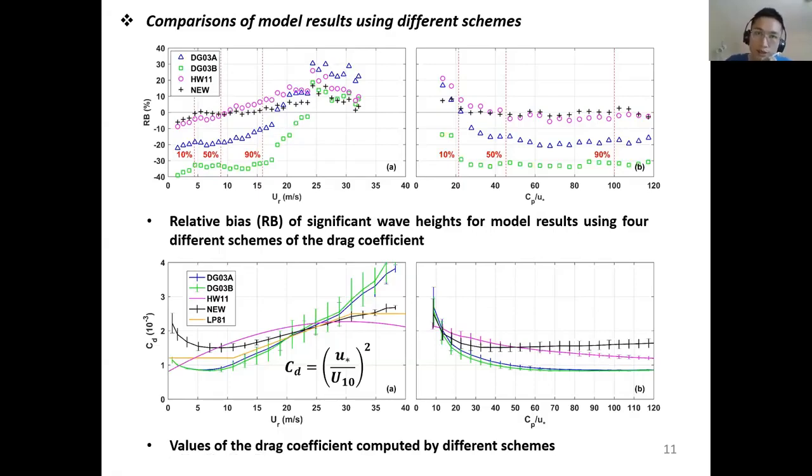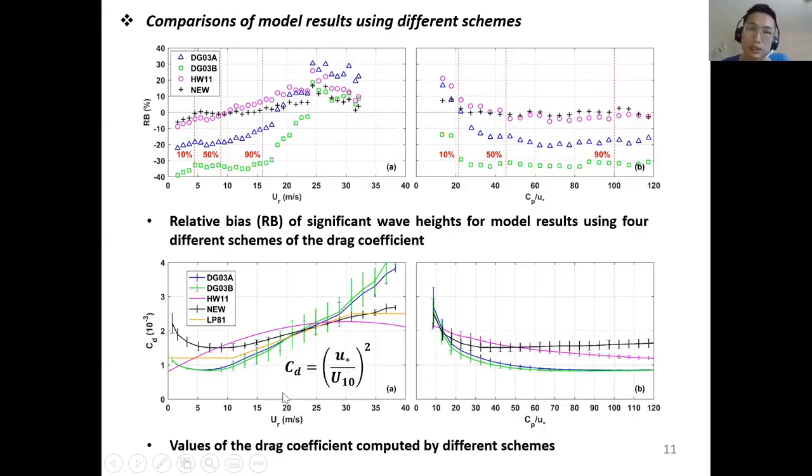And it is similar for the different sea states. As you can see from the right panel, it can reduce the underestimation for old waves and the overestimation for young waves.